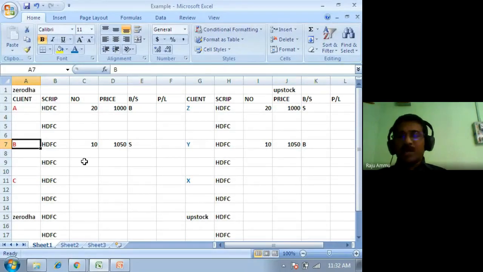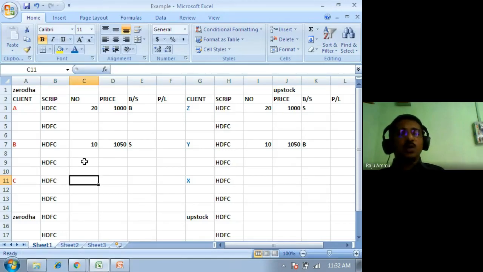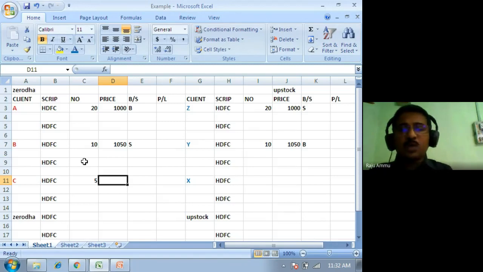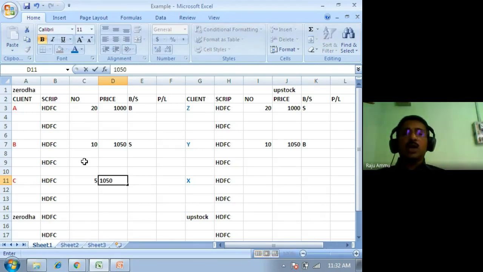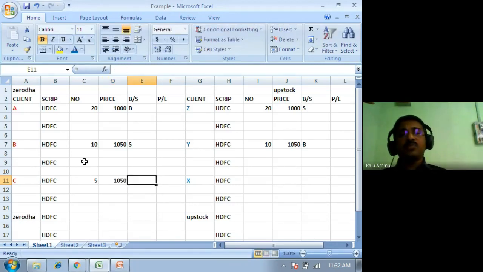Okay, am I clear? Right. Now there is another client called C at Zerodha, who is trying to buy 5 shares at the same price, that is 1050. Right?